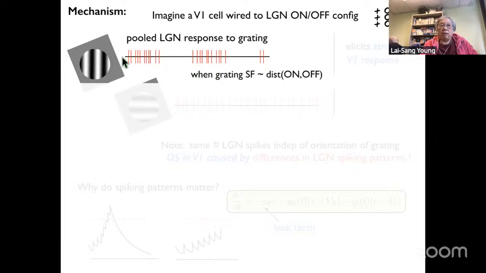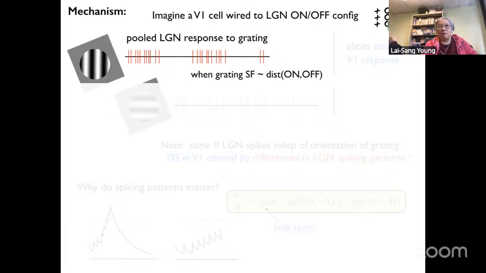Now when you present the eye with the drifting grating, say going from left to right, if the distance between these bars, I said spatial frequency, that's wrong, it really should be spatial period, is commensurate with the distance between an on and off, you can see that there are moments when the off cells are very happy because they are seeing something changing from light to dark, and the on cells are also extremely happy because they are seeing exactly the opposite.